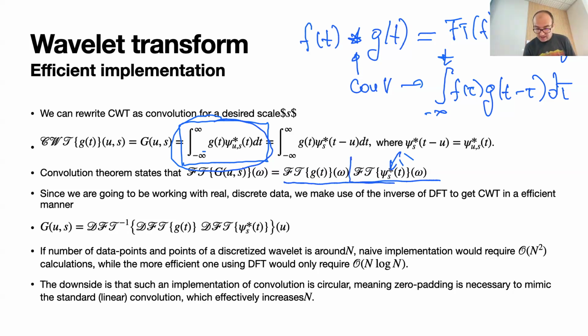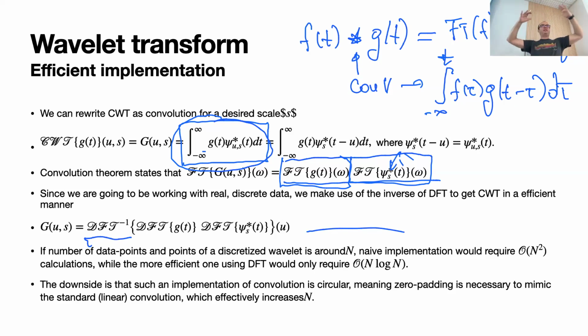So this is known. All we have to do is take the signals that we measure, calculate the Fourier transform of the measured signal, multiply it by a known wavelet, and do one inverse Fourier transform to get back to the time domain.